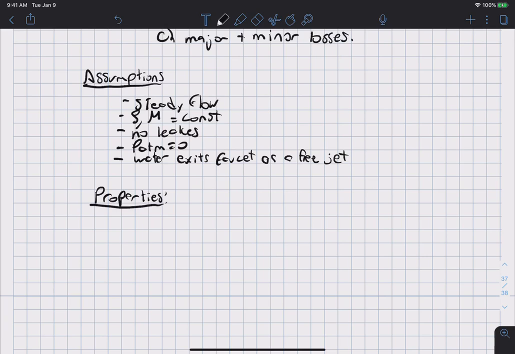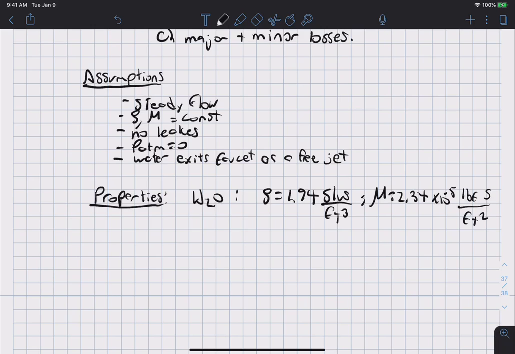Okay, and so here we might as well get some properties. From the back of the book, for liquid water, you can find that rho is equal to 1.94 slugs per cubic foot, and the dynamic viscosity is 2.34 times 10 to the minus 5 pound-force second per foot squared.